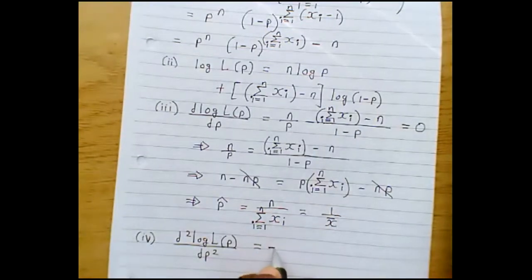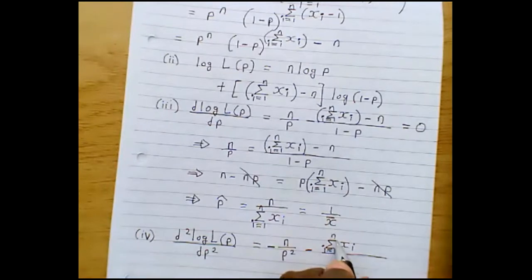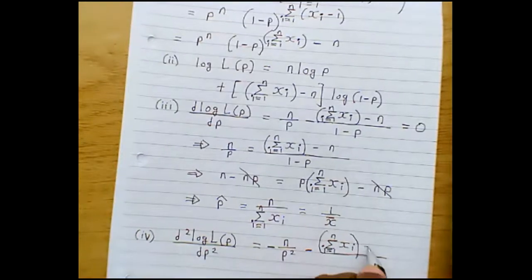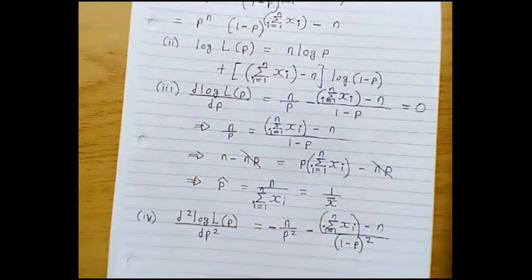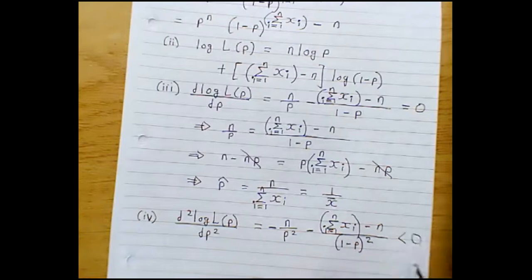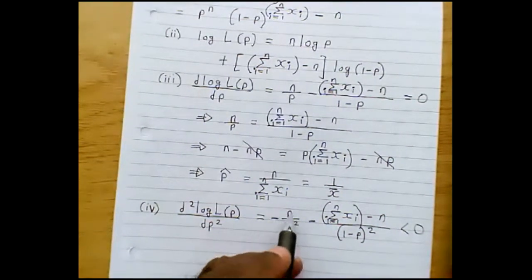So it's going to be minus... Okay, and this is clearly less than 0 because number one, this is a negative number.